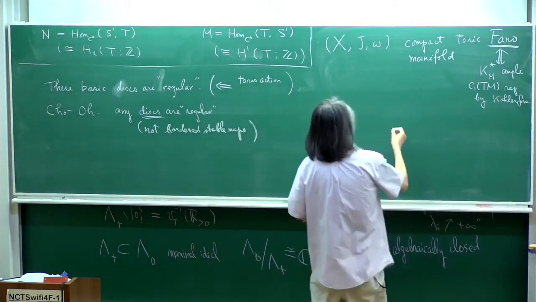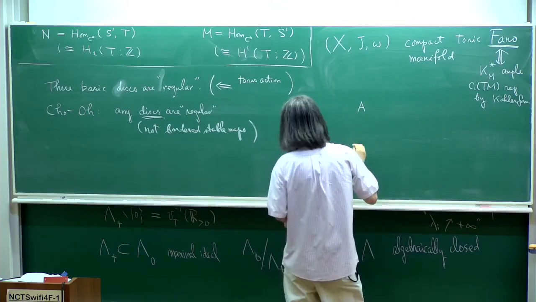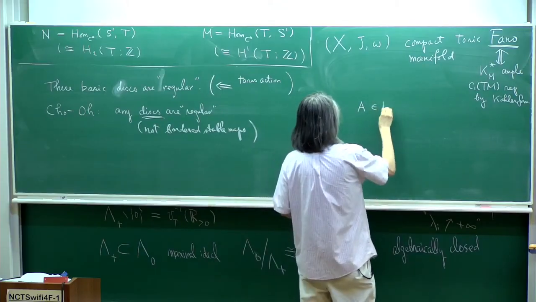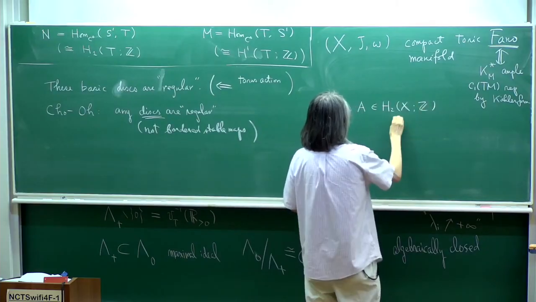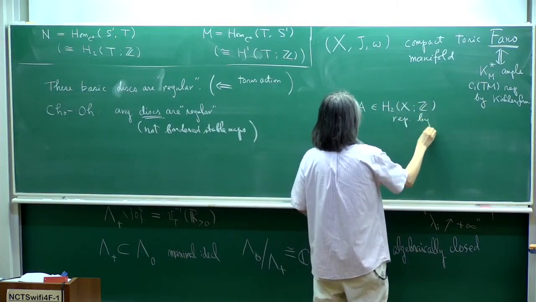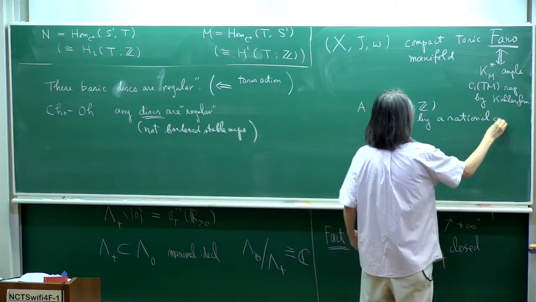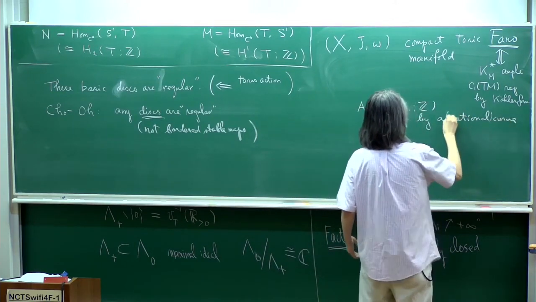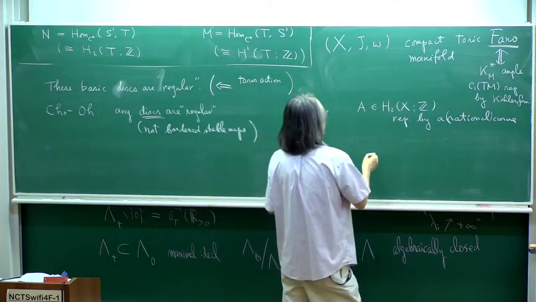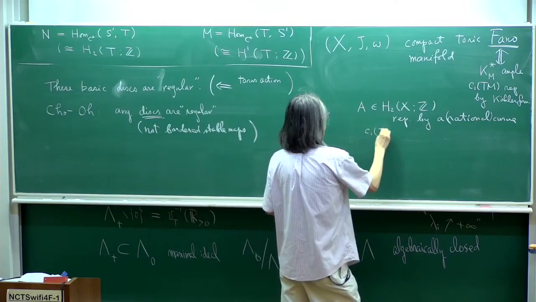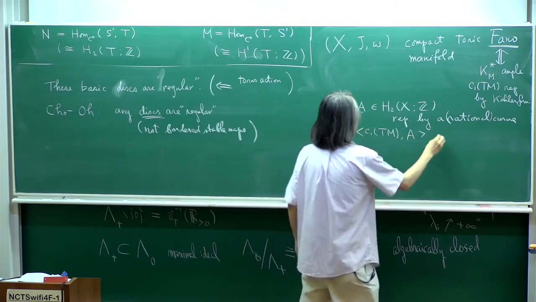So this in particular says that if you have a class A in H2 of X, Z, represented by a rational curve, not necessarily rational, then the first Chern class of TX evaluated on A is positive.